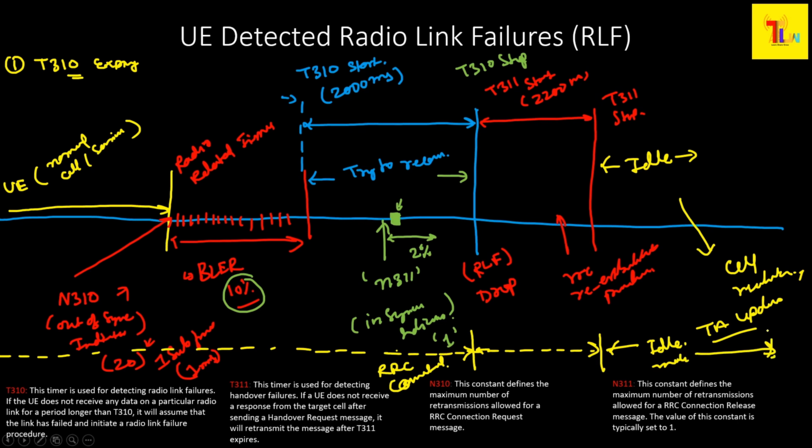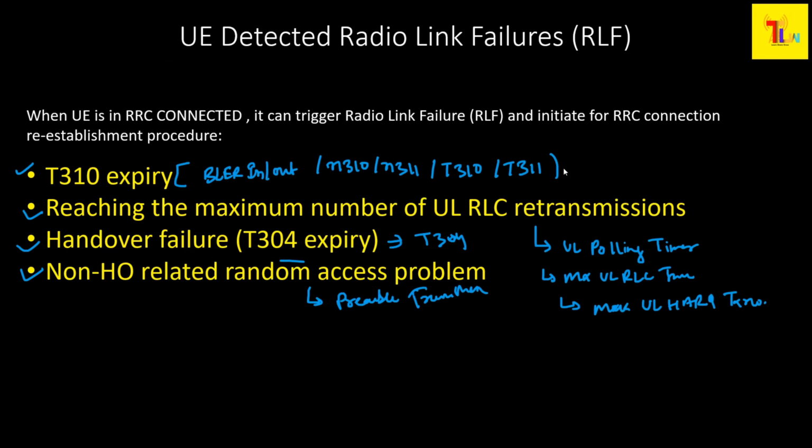So this is your first scenario where T310 expires. This one is basically detected by the UE, considering the RLF based on T310. Now we will go with the other scenarios.